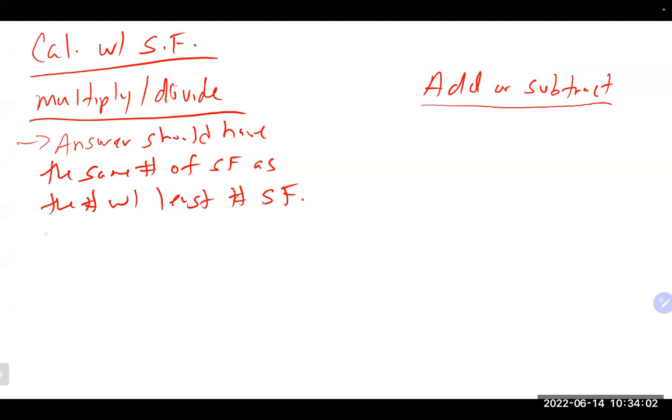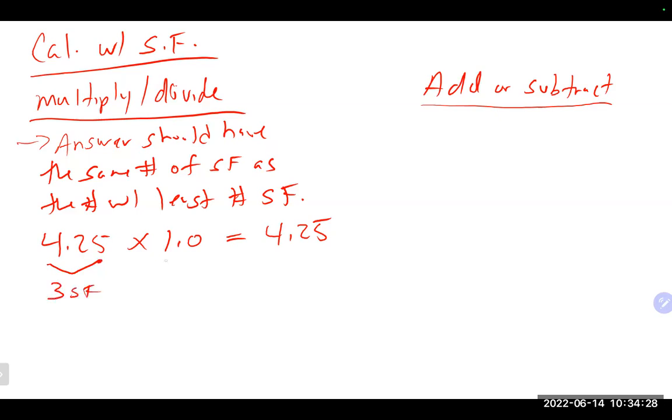So if we took 4.25 times 1.0, and we do that, I could do that in my head. Good choice. On my calculator, I get 4.25. I should record this as 4.25. Is that right? How many significant figures does this number have? 3.